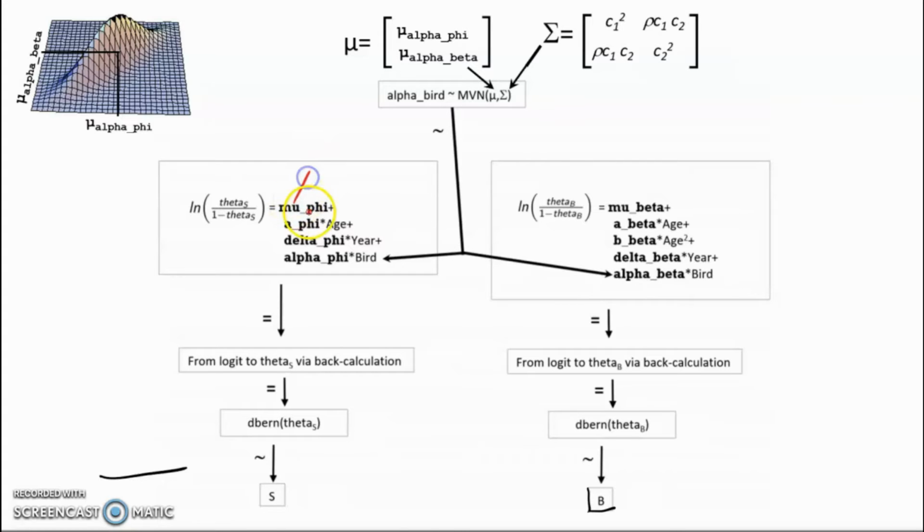So this one, this one, this one, this one, this one, this one, this one, they're all going to need their priors. And so for mu phi, we might specify a prior as being a very flat prior. Let's give it a mean of 0, a very low precision, 0.001.